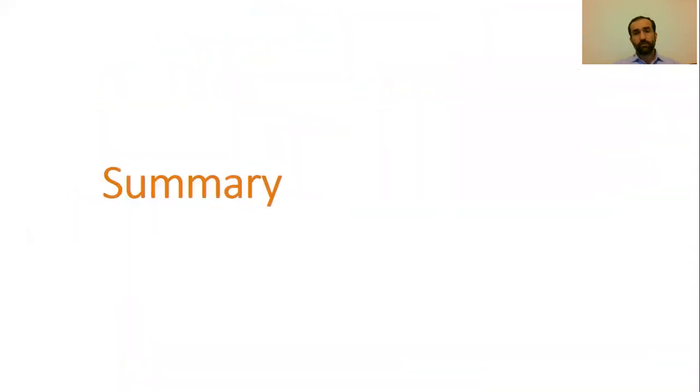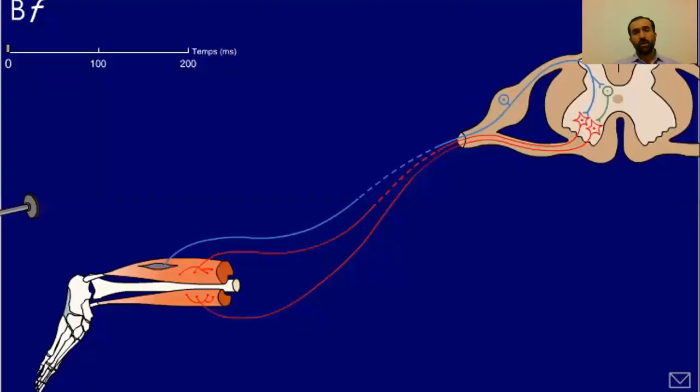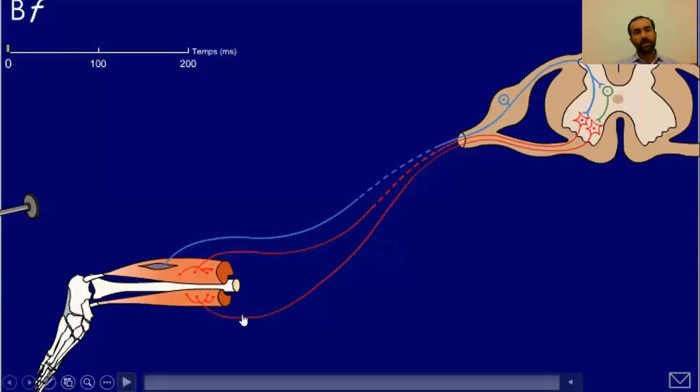As a summary, I want you to observe this quick video. We will hit now the tendon of the extensor muscle. This is the extensor muscle of the foot, because its contraction will make this foot go backward. It will open it, it will make it far from the leg.